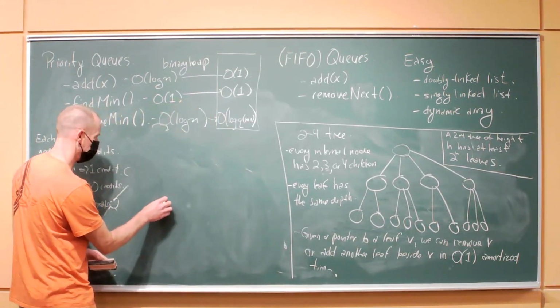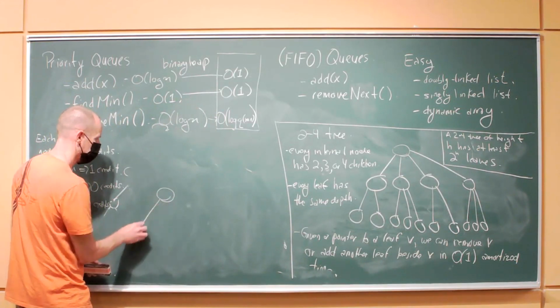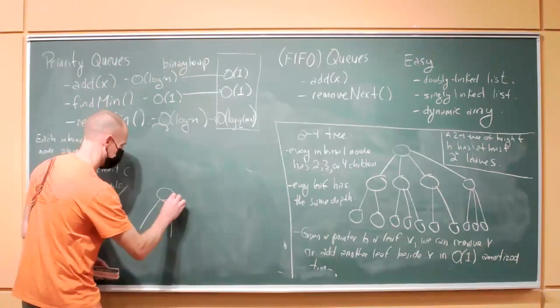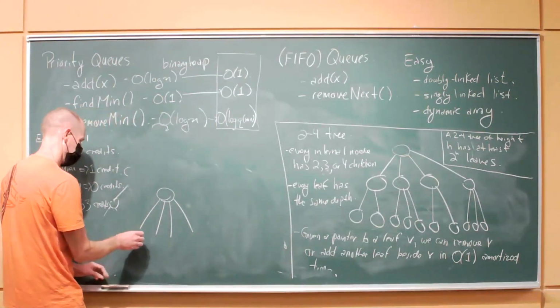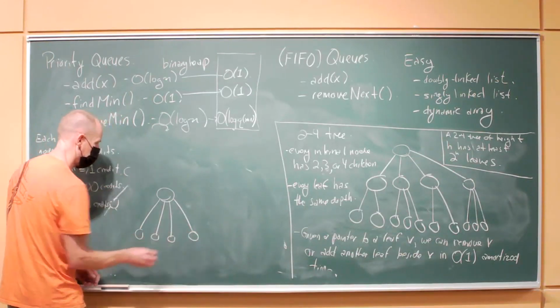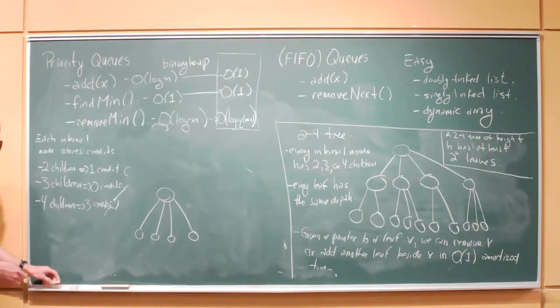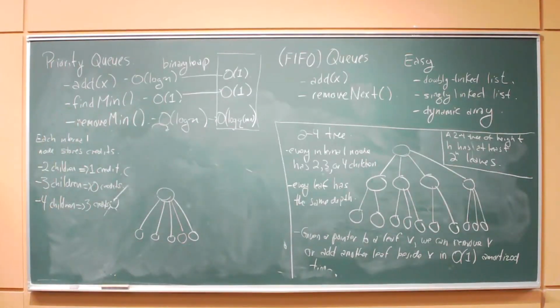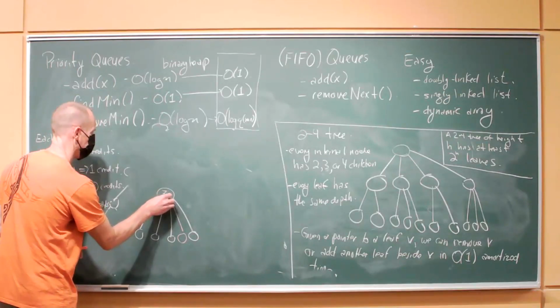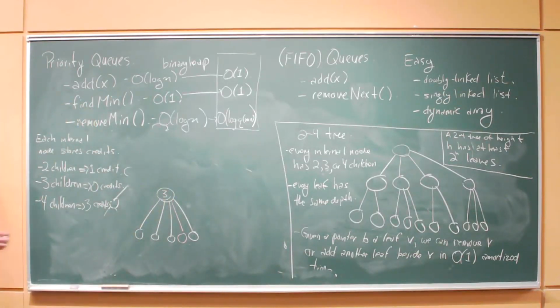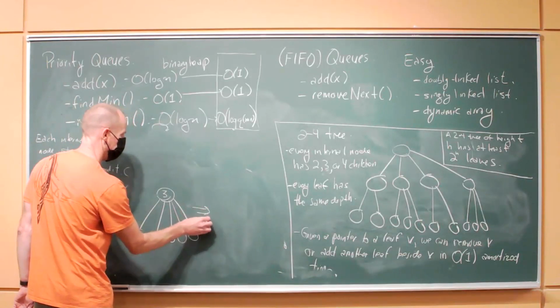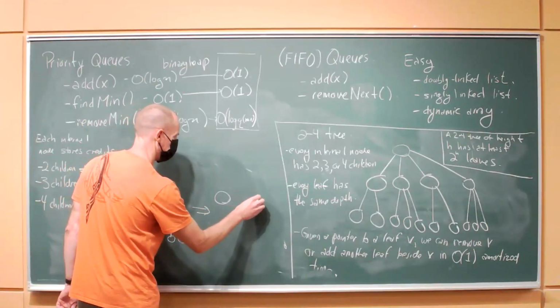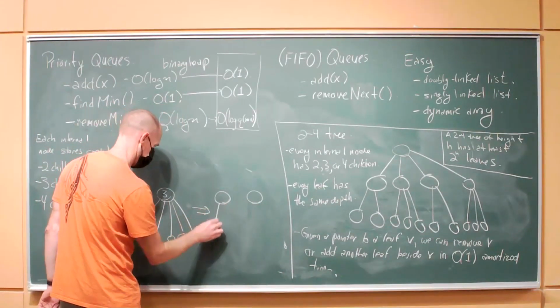If I have to do a split, so a split happens because I had something that had 4 children and now it has 5, but because it had 4 children, it was storing 3 credits. So it's got 3 credits sitting on it. And when I do that split, that ends up looking like this.